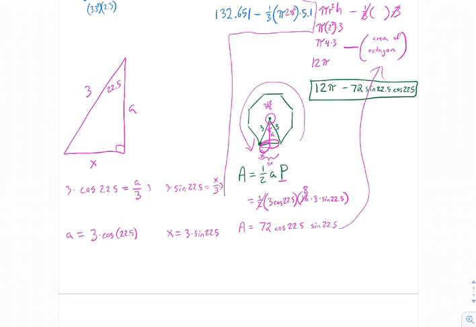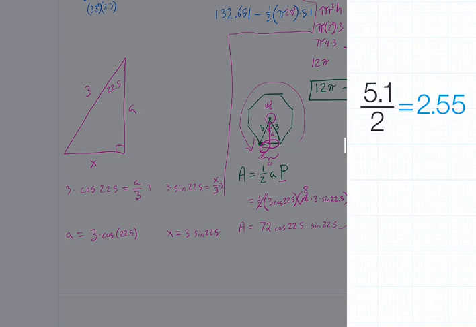Interesting. But there's the exact, if we want to plug it in, we would go 12 pi minus 72 sine of 22.5 cosine of 22.5. Whoops, missing a decimal.